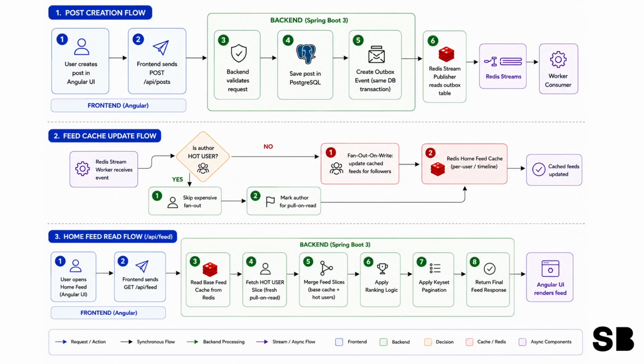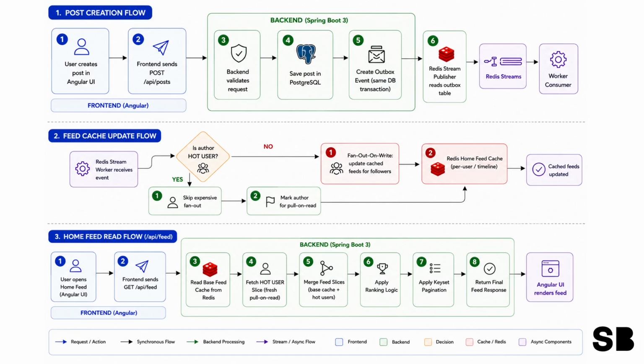If the author is a normal user, the system pushes the post into followers' cached feeds. If the author is a hot user, the system skips expensive fan out and marks the post for pull on read. And when a user opens the home feed, the backend reads the cached feed, pulls fresh posts from hot users, merges everything, ranks the result, applies pagination, and returns the final feed.